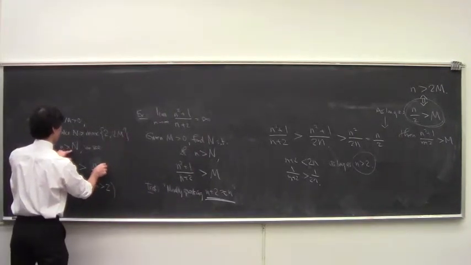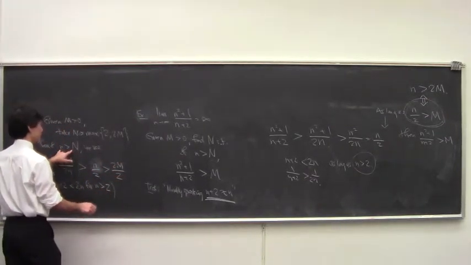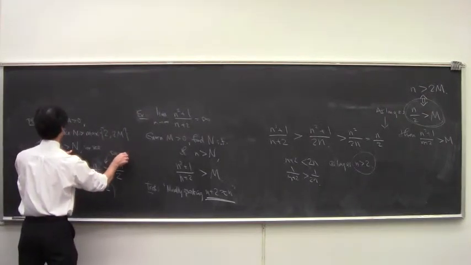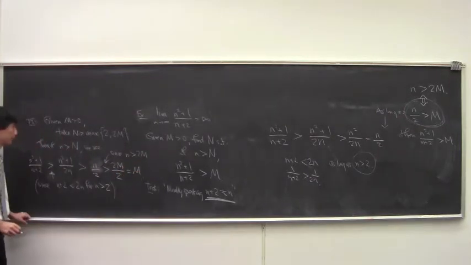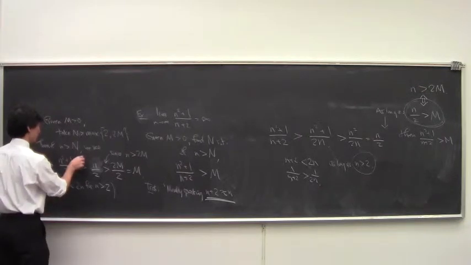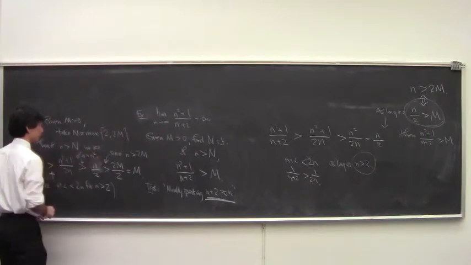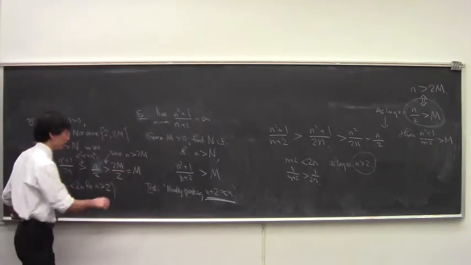And that is bigger than 2m over 2, right? Since n exceeds 2m. Right? Which is m. If you want, this is because n squared plus 1 is bigger than n squared. Okay, so for all n bigger than that, our guys exceed the m bound, right? And that's the end.